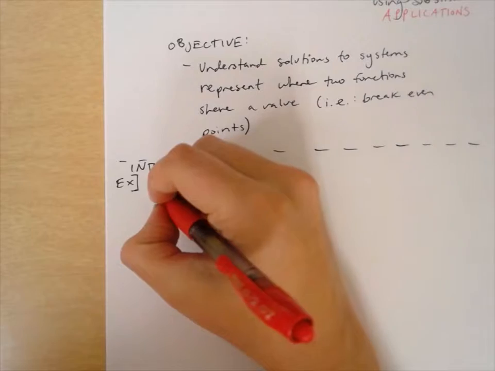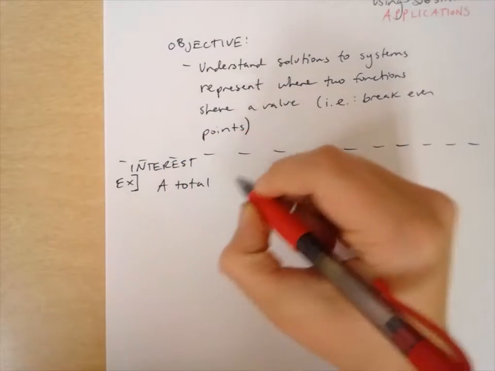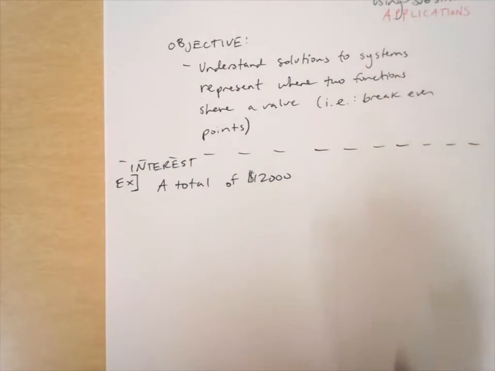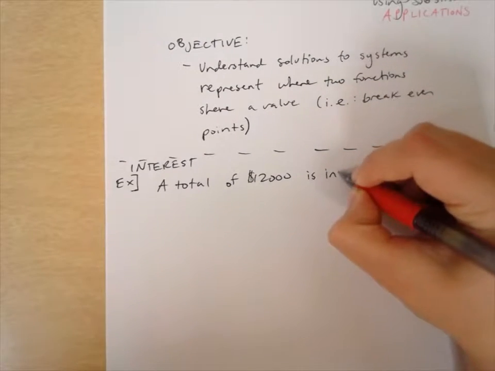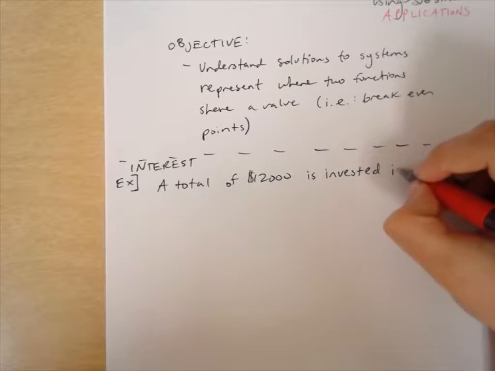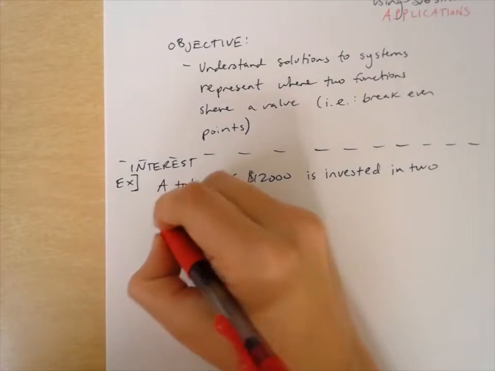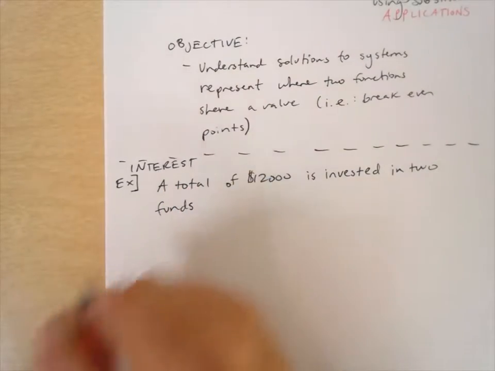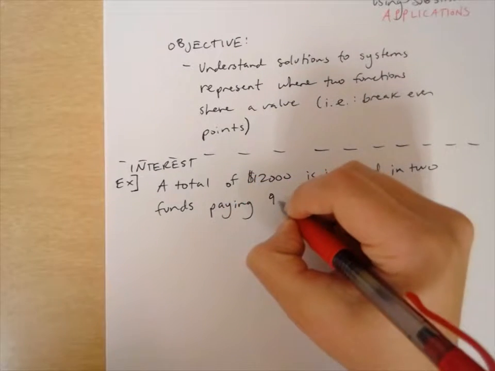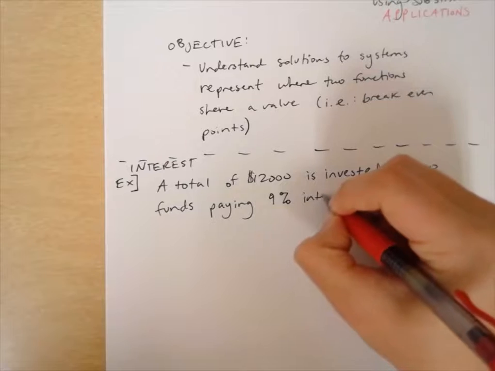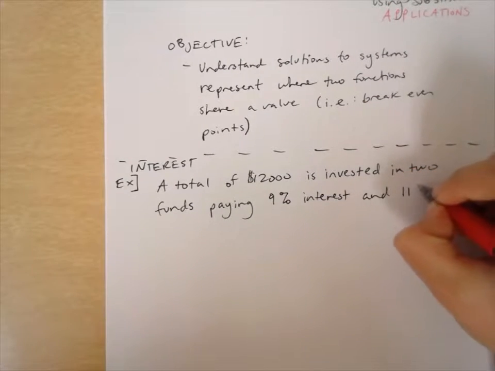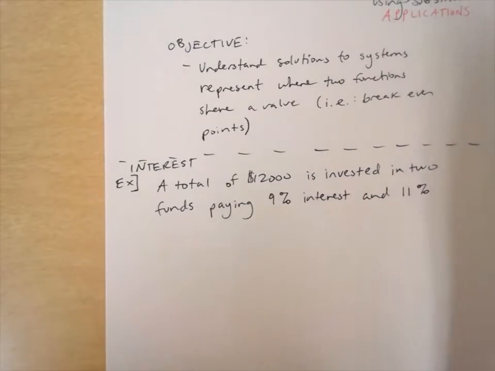Our question says a total of $12,000 is invested in two funds paying 9% interest and 11% interest.